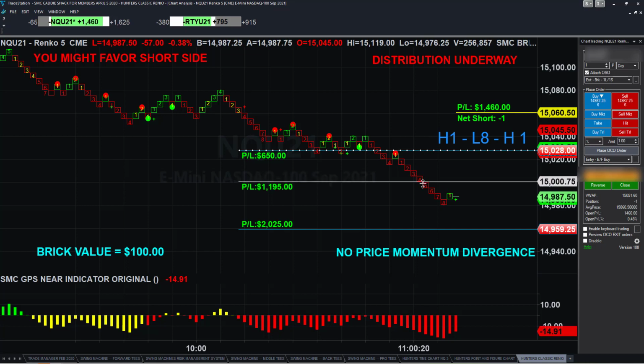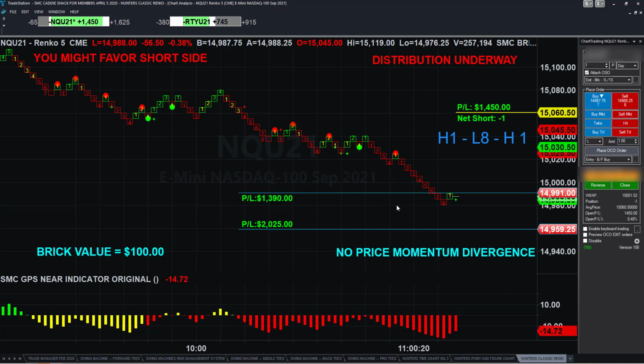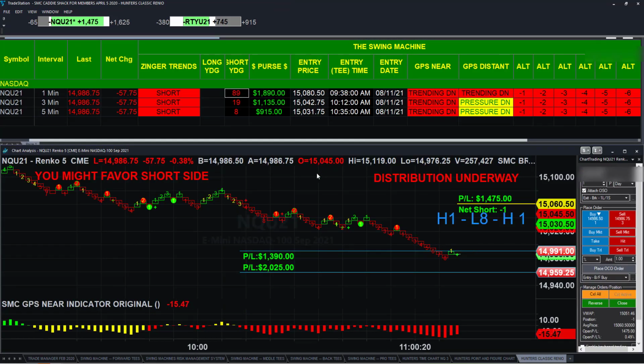So now I am going to bring the stop down right in here. So now I get a guaranteed winner of about 1,400. And that's probably going to get tagged, and I'm going to be okay with it. We'll see. Okay, I got a guaranteed winner of 1390, and I'm playing for 2025. Swing Machine is completely short, so I'm looking good.